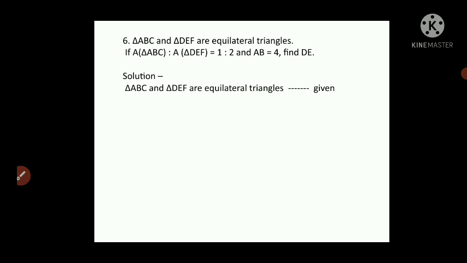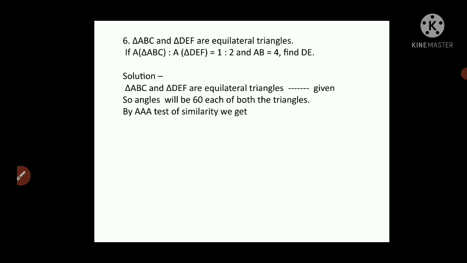Triangle ABC and triangle DEF are equilateral triangles, which is given. That means, students, the angles will be 60 degrees each in both the triangles. As equilateral triangles, we know every angle will be 60. Suppose we take the first triangle as ABC and the second triangle as PQR.